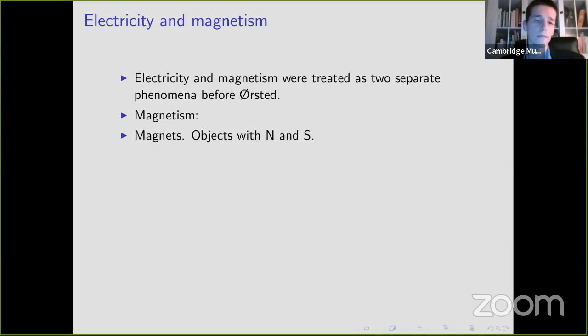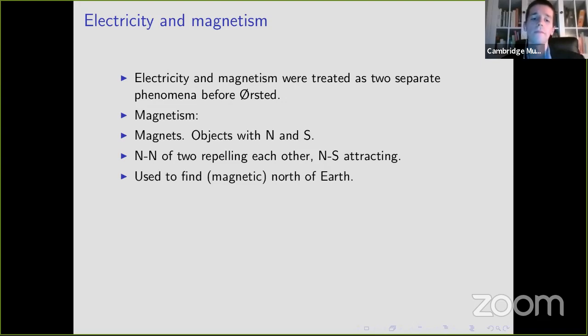So first, magnetism. We have magnets, which are objects with a north and a south pole. The north pole and the north pole of two magnets would repel each other, and the north pole of one and south pole of the other would attract each other.